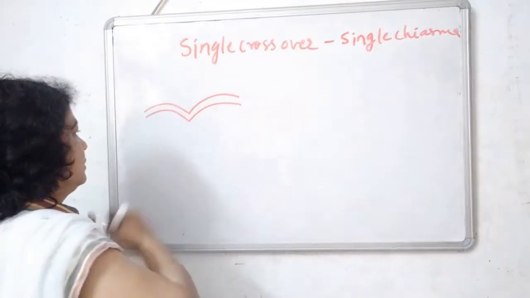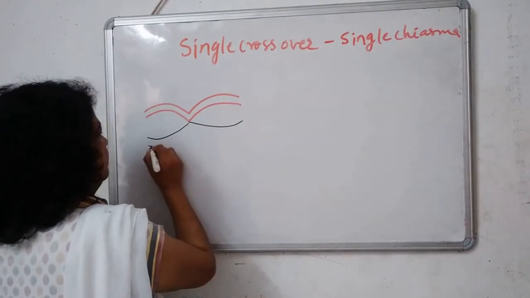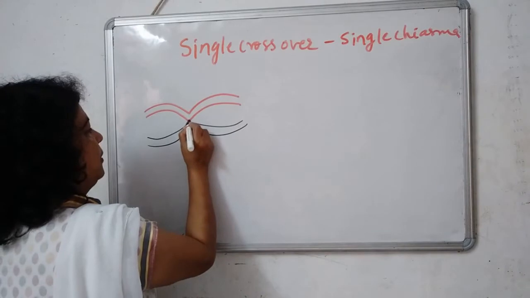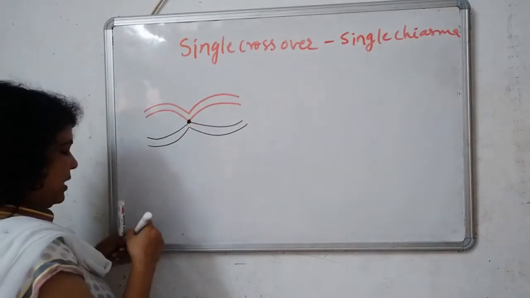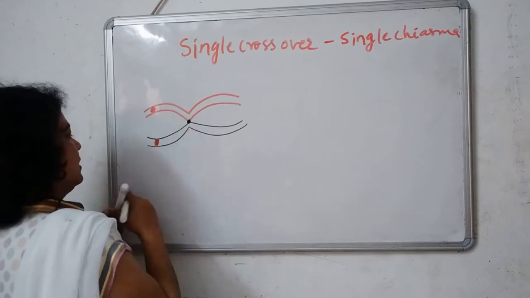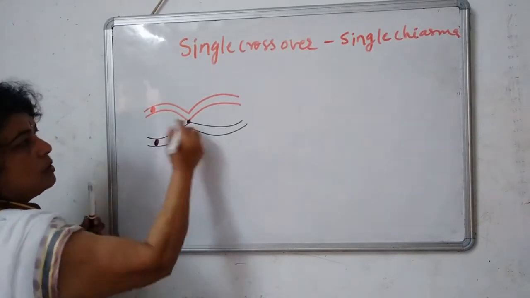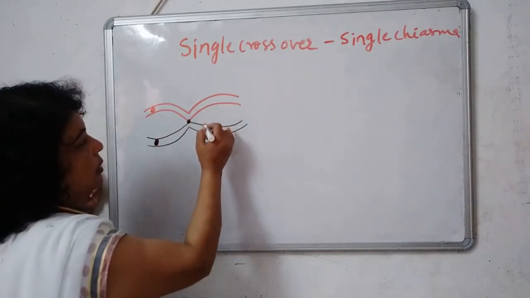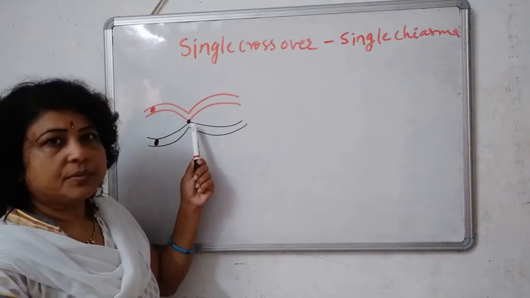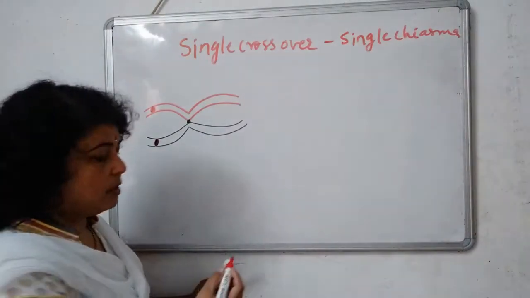There are two homologous chromosomes, and it produces a single chiasma at one place. This is the kinetochore. The two non-sister chromatids are involved in the formation of a single chiasma, and therefore it is known as a single crossover.